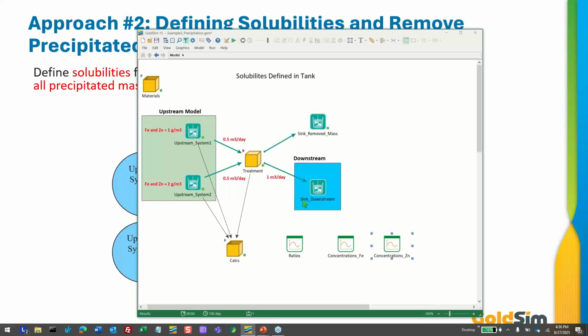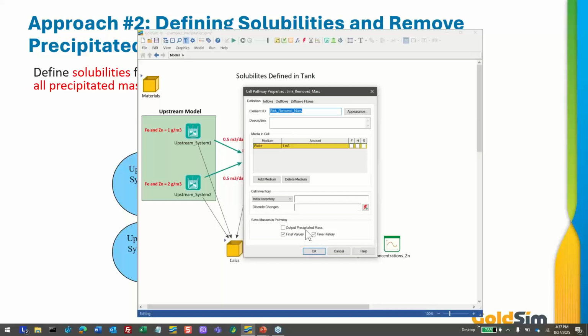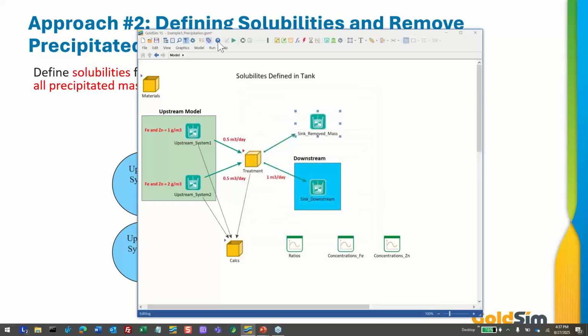That's because we have low solubility limits and there's a lot of mass in the system. Obviously, if you didn't put enough mass in the system, you would never reach the solubility limit, and it would just be moving through the system. But in this case, we're precipitating mass out of the system, and then we're moving that mass here. And this is the sludge, basically the precipitated mass that we're moving.